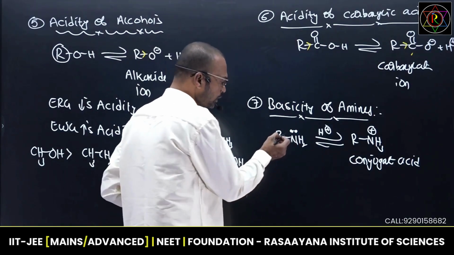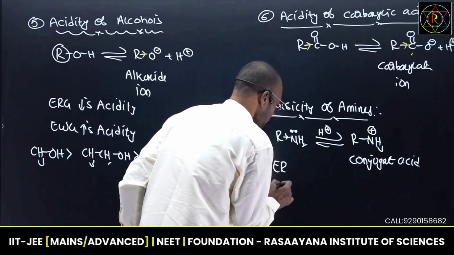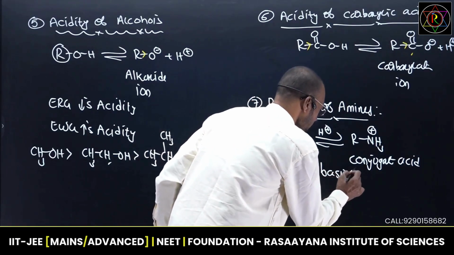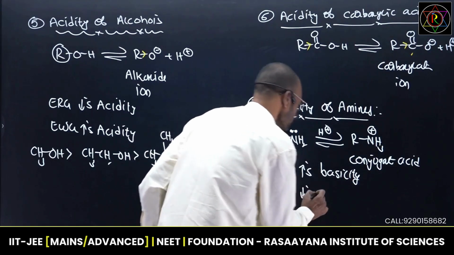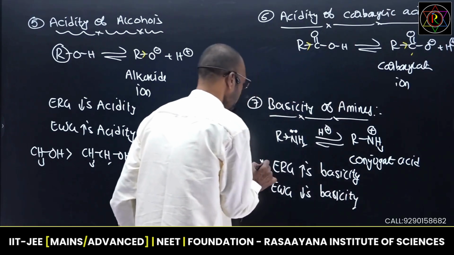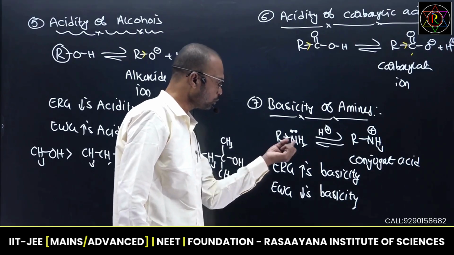This is available only if R is a releasing group. So it is quite opposite to the above statement. Electron releasing groups increase basicity. Then what about electron withdrawing groups? Electron withdrawing groups decrease the basicity of amines. So the basicity of amines depends upon the nature of the substitutions. If it is a strong donating group, it is more basic.